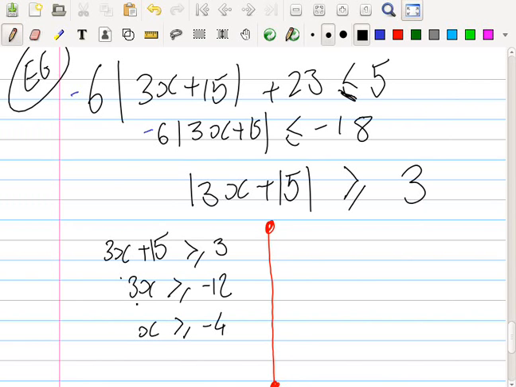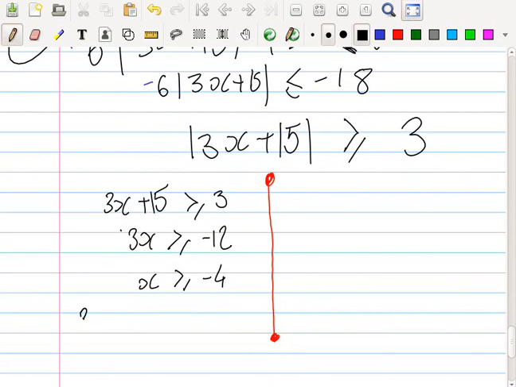But that's not finished here, because this would mean x, for example, makes this 4, 5, or 6, but there's another way to make this greater than or equal to 3. If the inside here is less than minus 3.